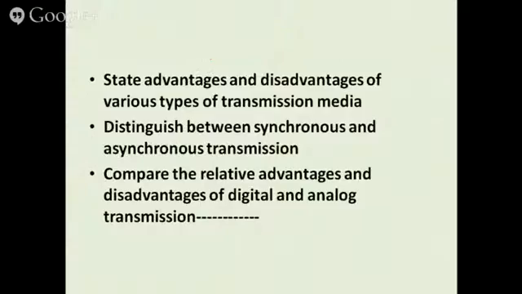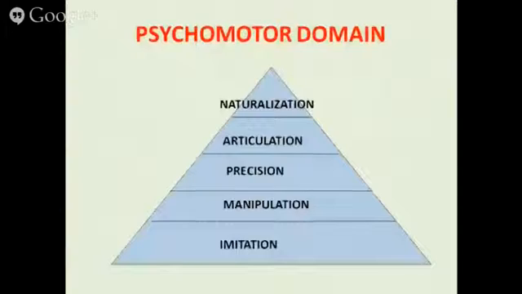Now let me just give you one example of the psychomotor domain, because as a teacher you are not only dealing with topics in theory, but you are also going to deal with the practical component. And in the psychomotor domain, Krathwohl has given the various levels of learning. Whenever a skill is to be acquired, the lowest level of learning is imitation.